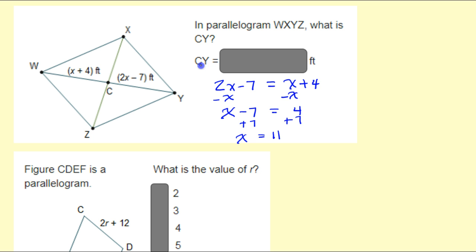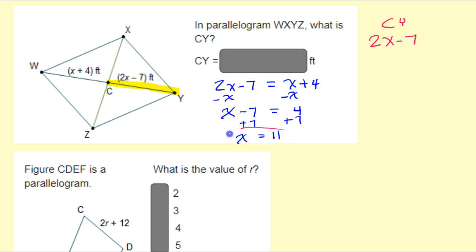Now, what are they asking me to find? What is CY? They're asking me to find this right here. CY is the expression 2x minus 7.